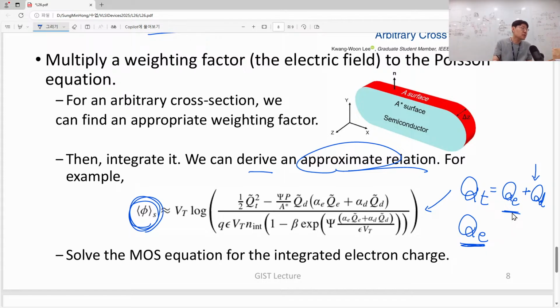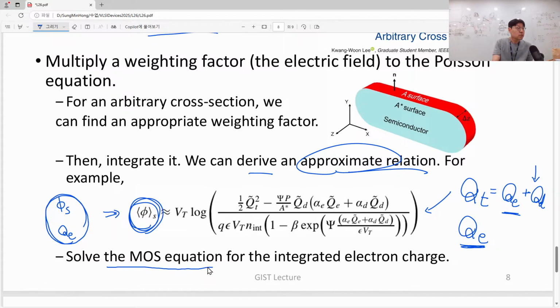Of course, total charge is the sum of electron charge and depletion charge. So this number is more or less given, and we have only the electron contribution. Simply speaking, this expression gives us the relation between surface potential and electron charge, and using this relation, we can try to solve the MOS equation. Then we can get once again the surface potential and inverted electron charge as a solution of this approach.